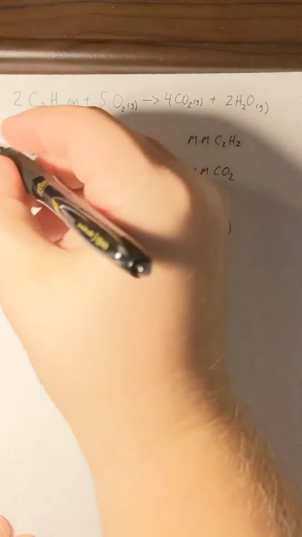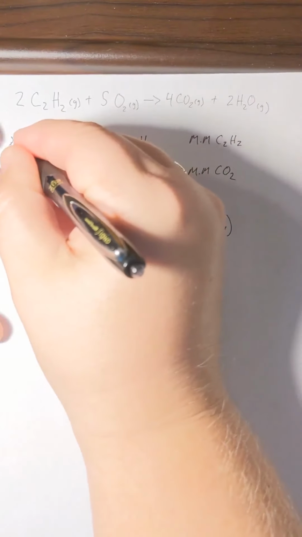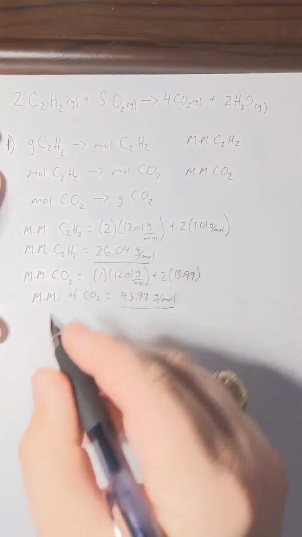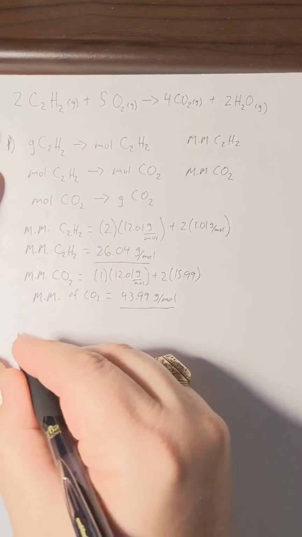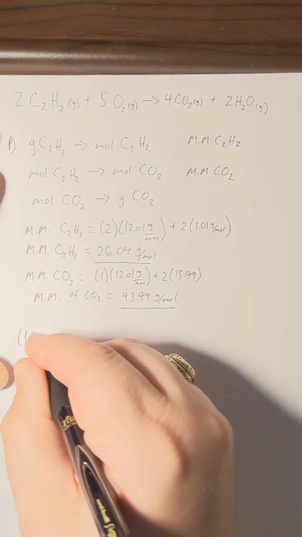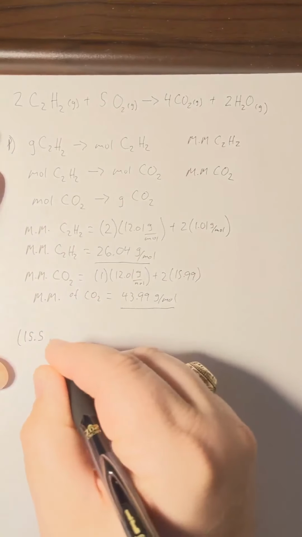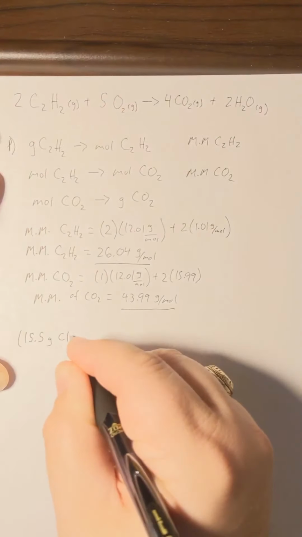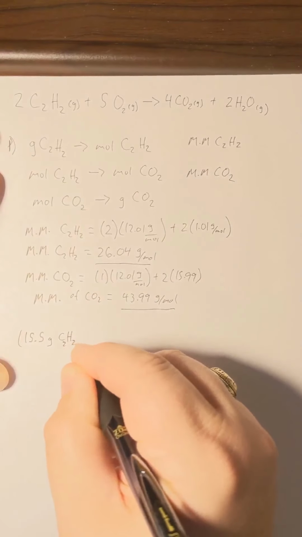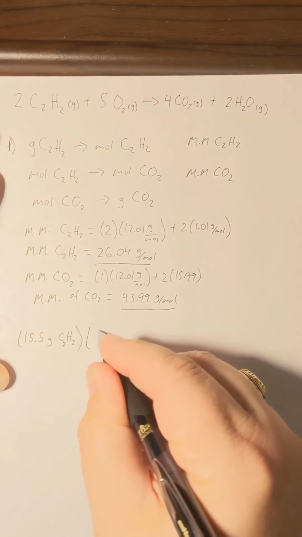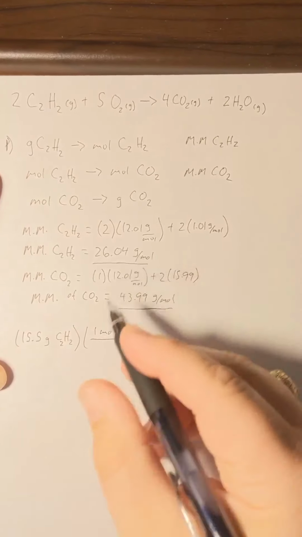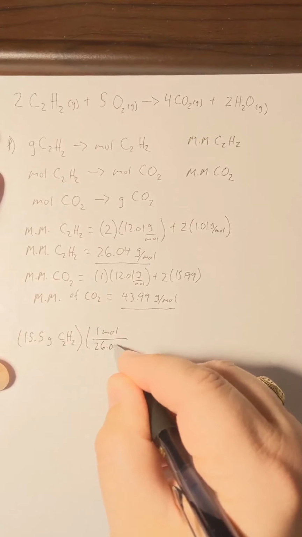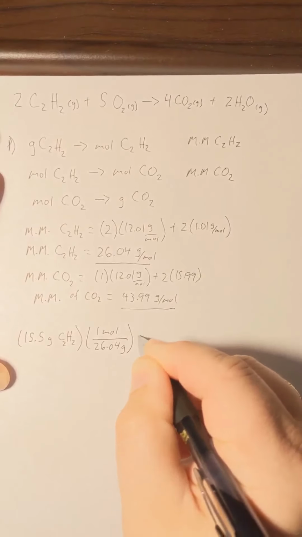So let's start first here with step 1, our grams of C2H2 into moles of C2H2. So we're given 15.5 grams of C2H2, and we know that 1 mole of C2H2 has a mass of 26.04 grams.